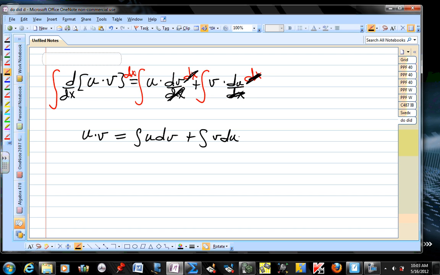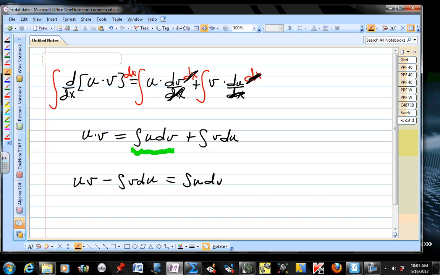And if we want to isolate this integral right here, we need to subtract the integral of v du from both sides. So we're going to get u times v minus the integral of v du equals the integral of u dv.